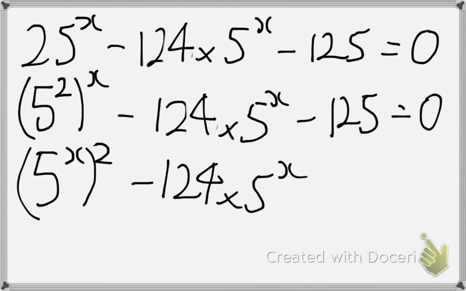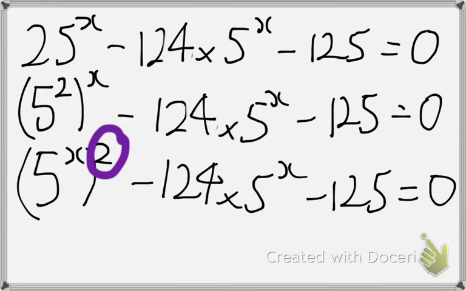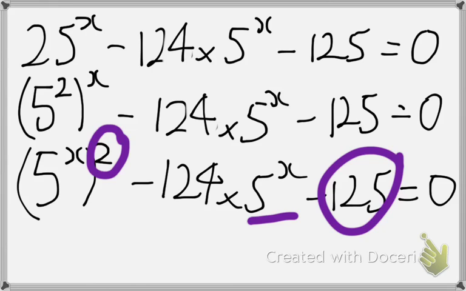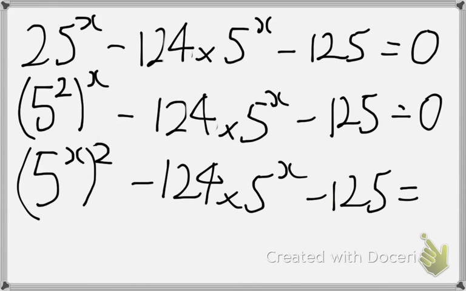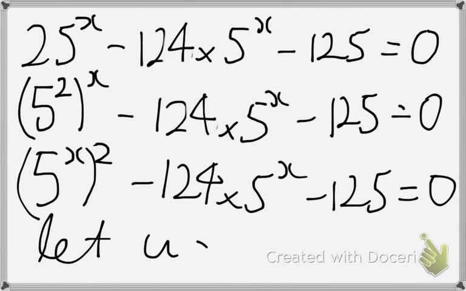And I've now got a quadratic equation, or something that can be reduced to a quadratic equation, because I've got a term squared, then it by itself, and then a constant term at the end over here. So I use my substitution, and I say let u equal 5 to the power of x.